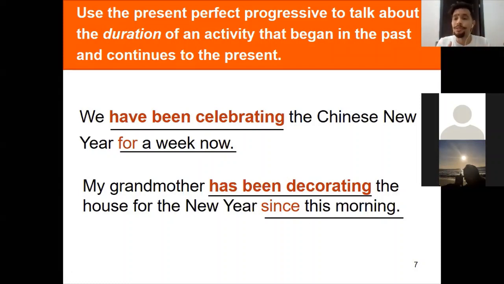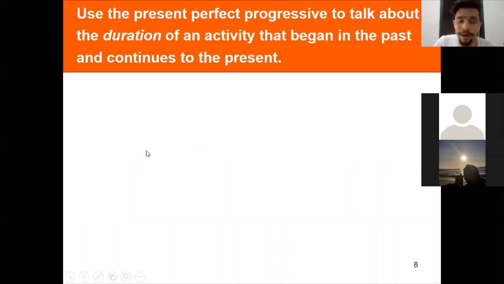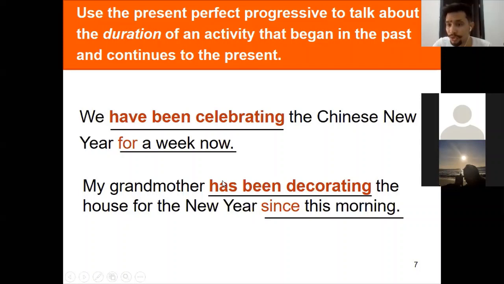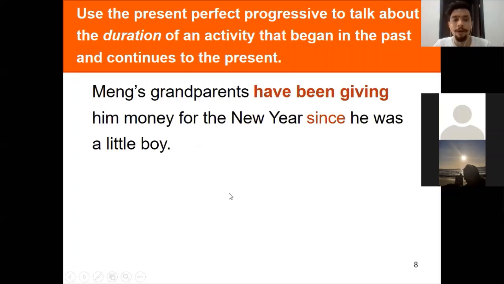No, I'm just speaking about the moment that she started the action. So we use since when we speak about the starting point of a situation, right? Don't forget this, please, because for and since are very common, to be honest, in the present perfect continuous.